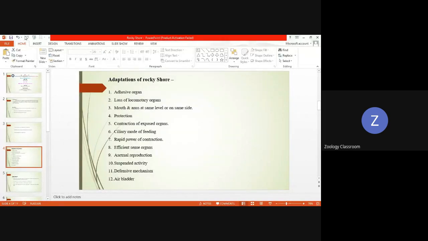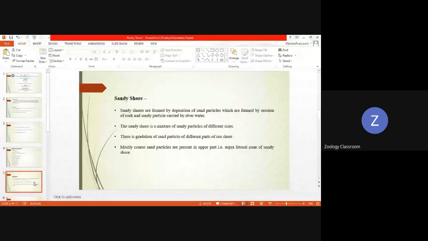It can take the atmospheric air, as well as it has the ctenidium, which has the capacity to absorb dissolved oxygen from water. So during terrestrial life, when it inspires the atmospheric air, that air is stored in the pulmonary chamber. Such faunal adaptations are observed in the case of this rocky shore.